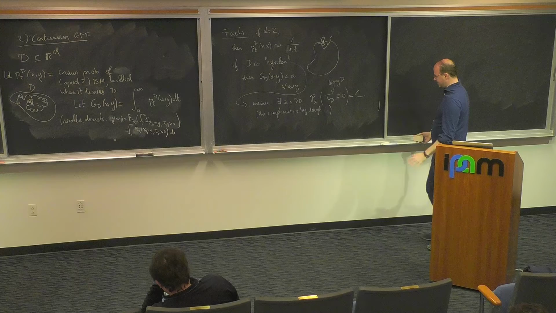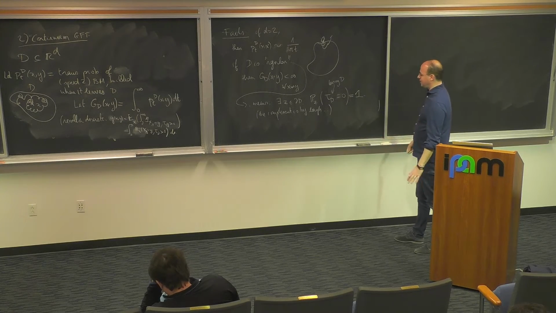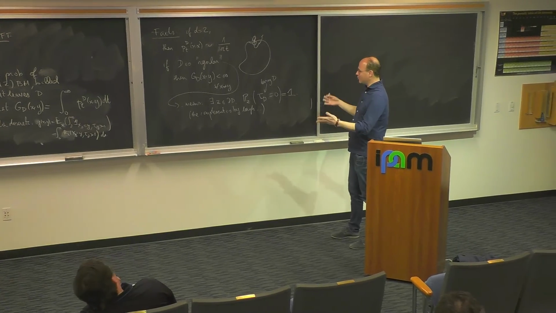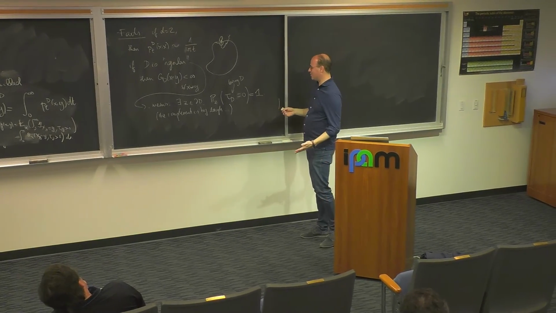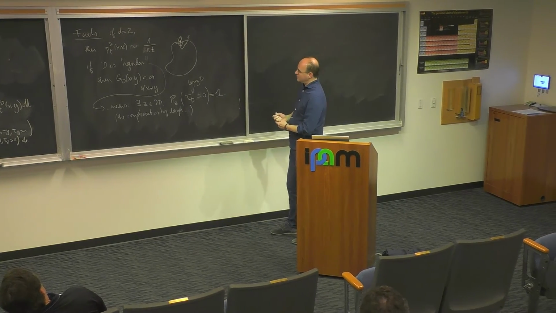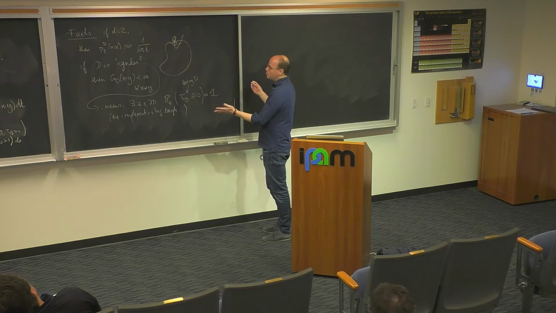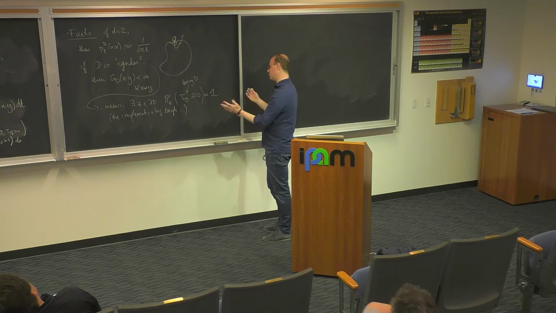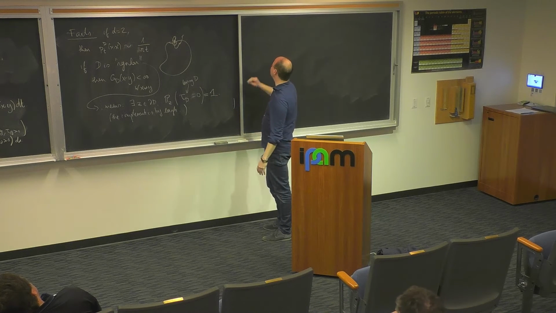Okay, so this is a slight annoyance. I told you that as soon as you move into the continuum, there's all kinds of annoying technical details that one has to worry about. That's one of them. But for most domains, they have this property. The complement is big enough, and so the Green function will be well defined.